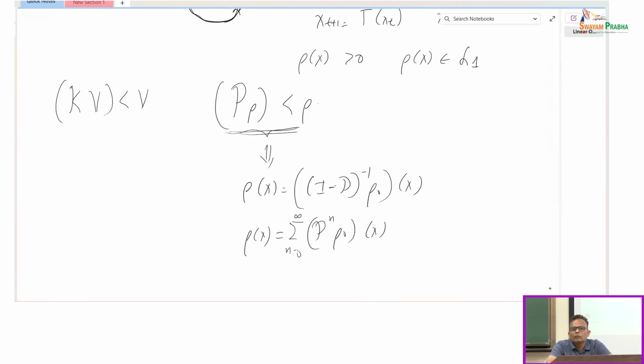And why are these two dual notions? These two are dual because K and P are dual.